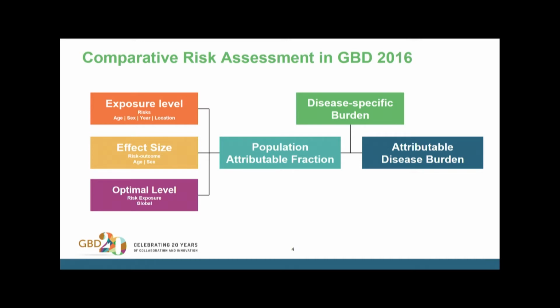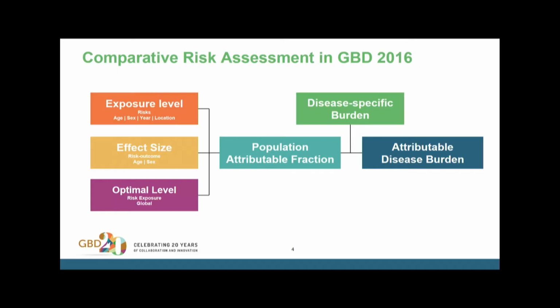For example, if we are interested in estimating the burden of ischemic heart disease or IHD due to high BMI, we need to know the mean and the standard deviation and the shape of a BMI distribution by age, sex, location, and year. We also need to know the relative risk of ischemic heart disease incidence and mortality per unit increase in BMI, and we also need to know the optimal level of BMI.